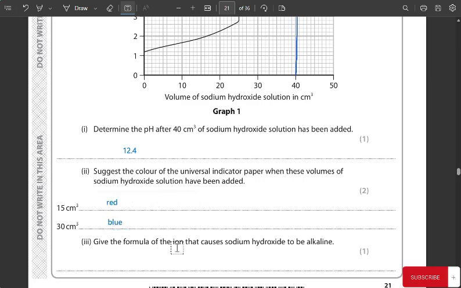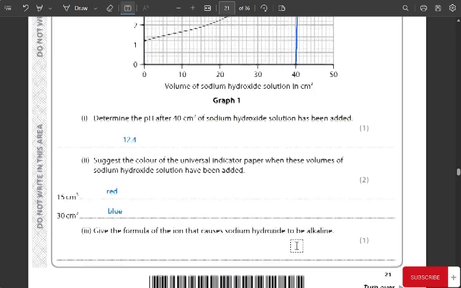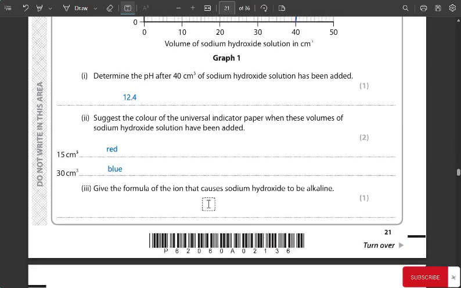Give the formula of the ion that causes sodium hydroxide to be alkaline. We know that the OH ions, if there is more concentration of OH minus ions, it means that it's more alkaline. That's why it is OH minus ions.